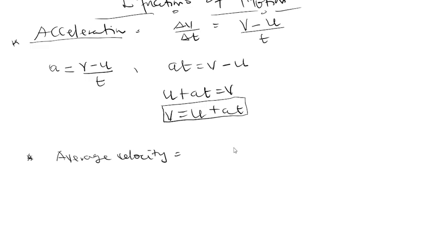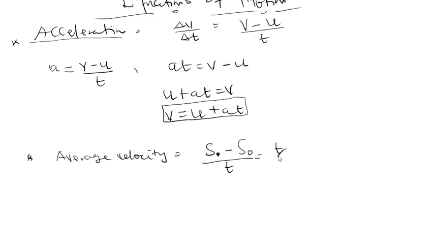Normally we talk about displacement, so the rate of change of displacement: final minus initial divided by t.